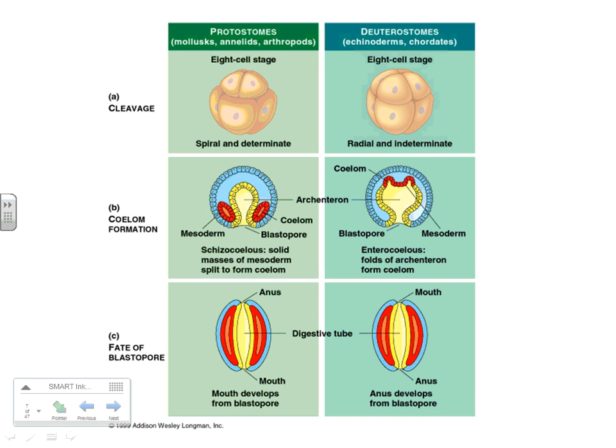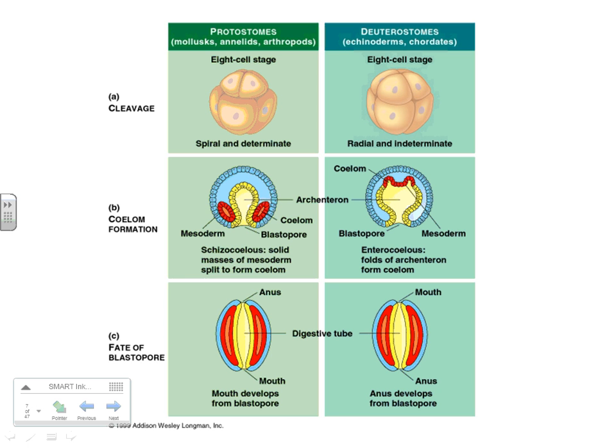In protostomes, if you look at how it's made, these solid groups of mesoderm, the germ cell layer, split off to make the body cavity. So it forms in between those two masses of mesoderm. Whereas in us, the vertebrates and the echinoderms, if you notice right here, here's that archenteron.